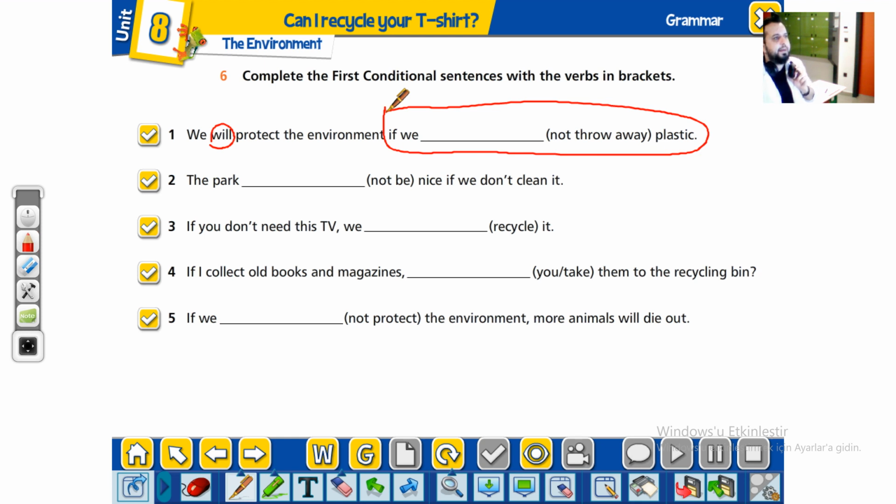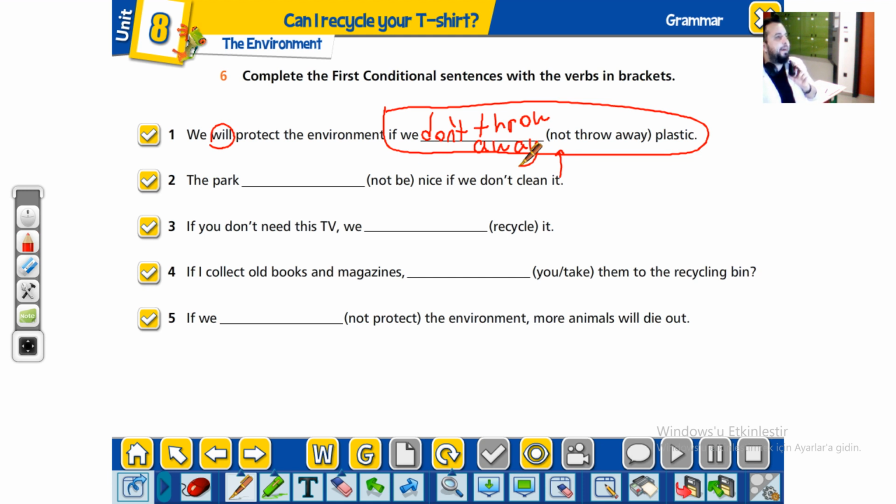In the conditional part we are going to use simple present tense. Do not forget that. We will protect the environment if we don't throw away plastic. Eğer plastikleri atmaz isek çevreyi koruyacağız diyor.